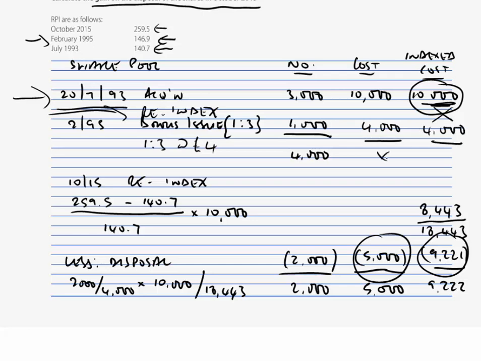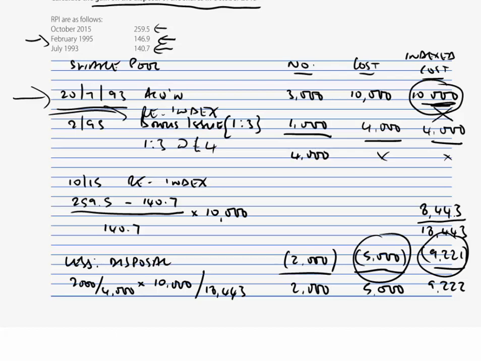In it would go, and you'd revise your totals there for both cost and index cost. The cost would obviously be 14,000, and your index cost column would be the 14,000 plus whatever the indexation was, the re-indexation from July 93 to February 95 on the original £10,000 figure in that pool.